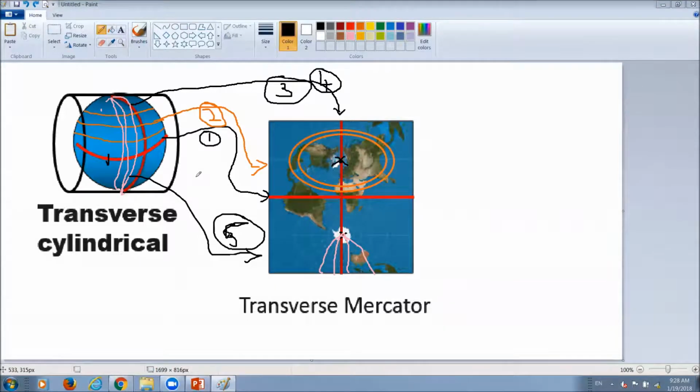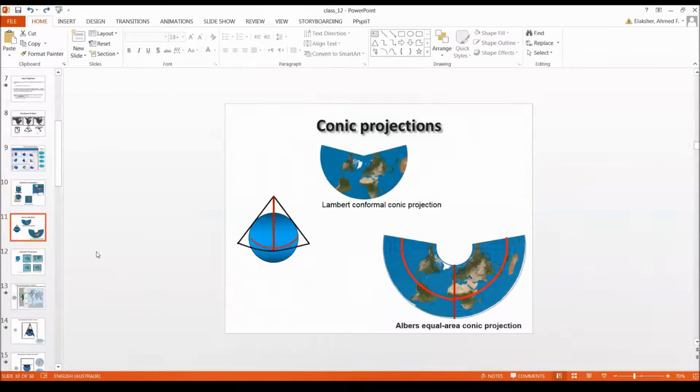Okay, so going back to PowerPoint, okay, share. Let's look at the next one, the conic projection. Let's take a look at this one here. Let me grab this one and go to Paint. Then I need to share Paint.